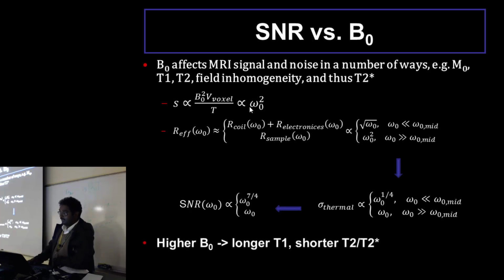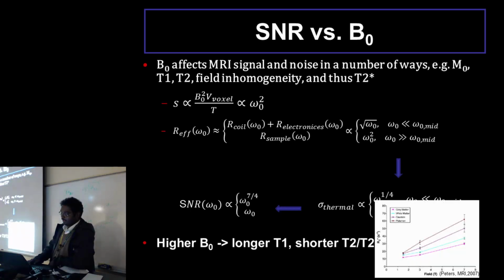Now going to higher field strengths also has a few other simultaneous effects going on. So you have longer T1 relaxation effects and shorter T2 and T2 star effects.